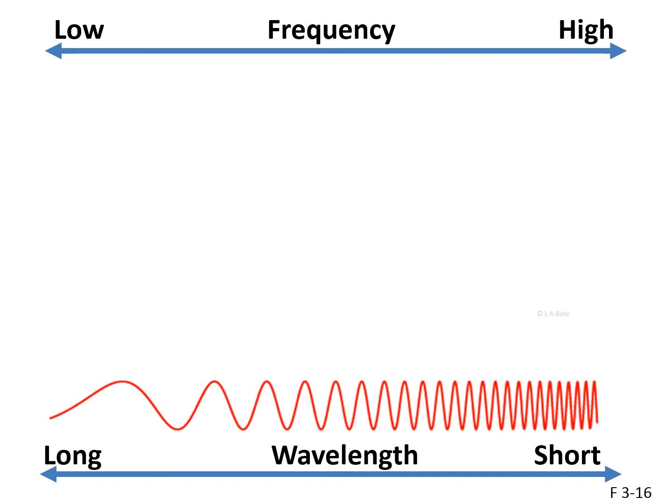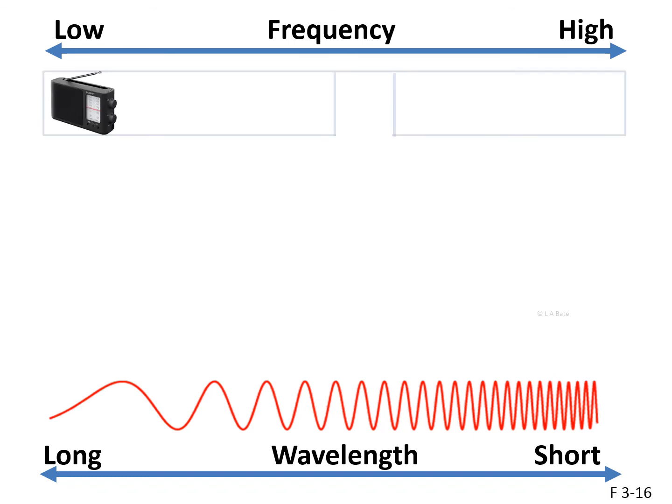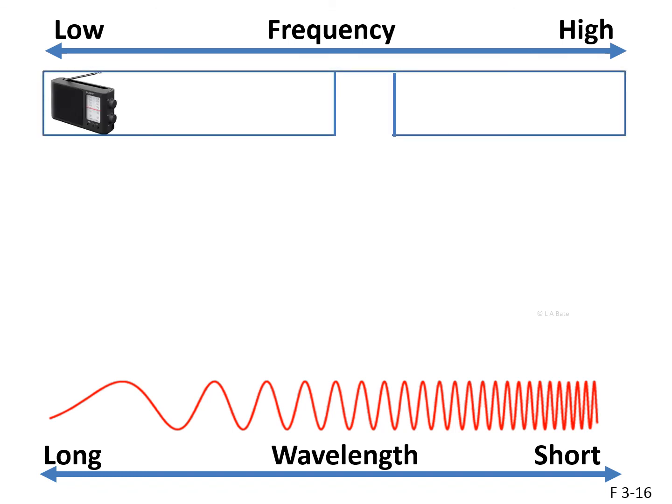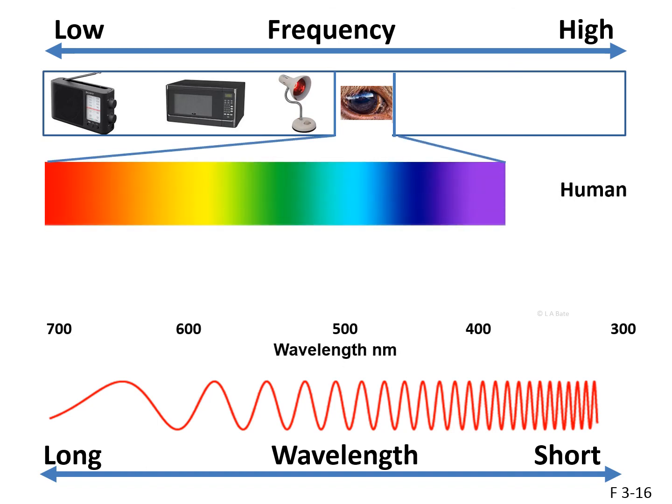In the low frequency of the electromagnetic spectrum, we have radio waves, followed by microwaves, then the infrared spectrum, then we find the visible spectrum, which goes from about 700 nanometers to 380 for humans.